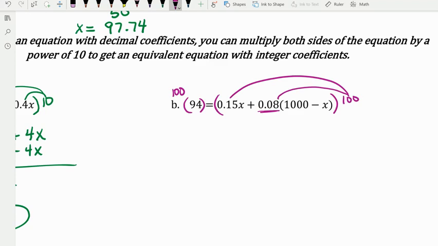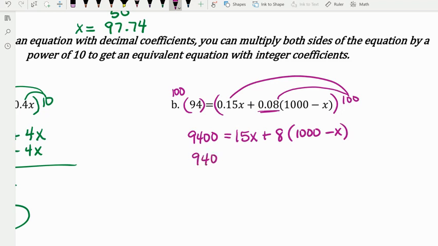Okay, so then we multiply. We would get 9,400 if I multiply by 100. This one, I'm going to move my decimal 2 places to the right, so that'd be 15x plus, move my decimal 2 places to the right, so it'd just be 8 times 1,000 minus x. And then again, solve like we normally would.